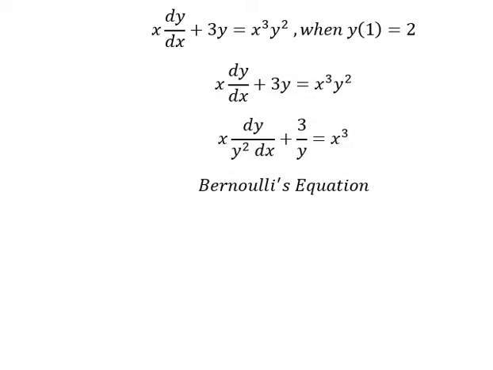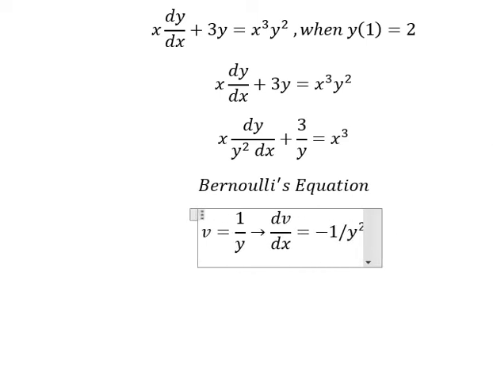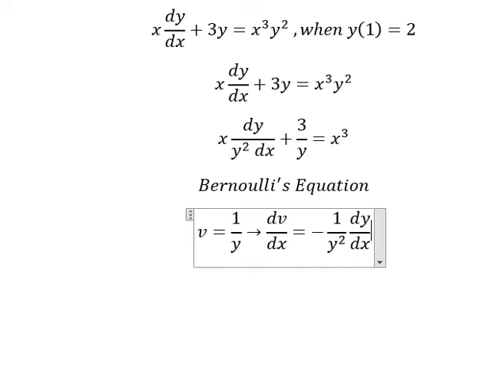So I will put v equals 1 over y. Later, we take the first derivative of both sides. And we have it like this, but we don't have the negative sign in here, so I will move the negative to the left.